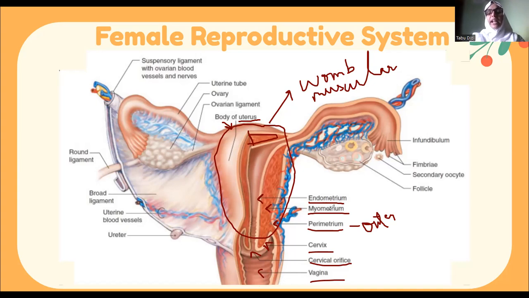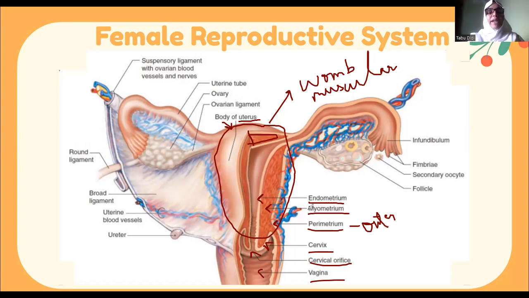Right now, the myometrium is the middle layer of the uterus, responsible for contraction and relaxation at the time of delivery, at the time of the birth of the newborn.